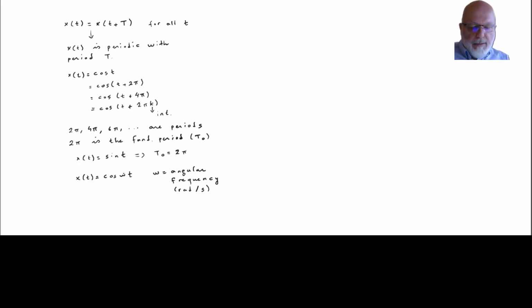Now note that the argument of the cosine function is an angle, therefore it's measured in terms of radians. So here we have the product of omega with t measured in terms of radians, and t is in terms of seconds, therefore omega has the unit radians per second.